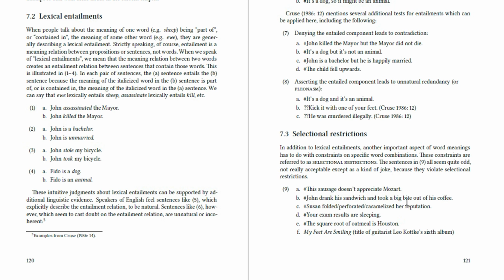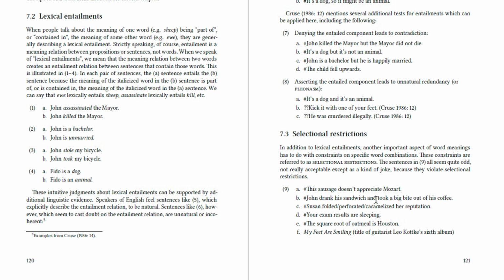John drank his sandwich and took a big bite out of his coffee. So we are here looking for the sentence B, John drank his sandwich. We know exactly that drinking a sandwich is not in English, so we really have here a restriction or a problem in the sentence, because we couldn't say that.